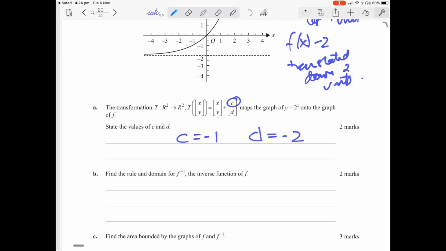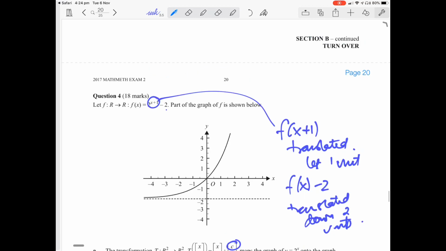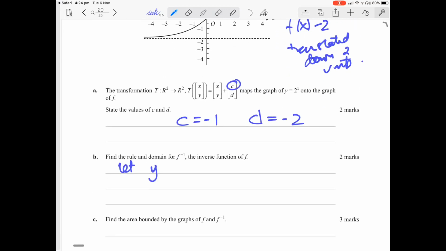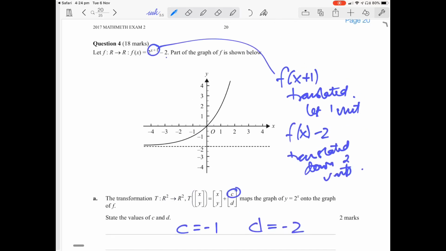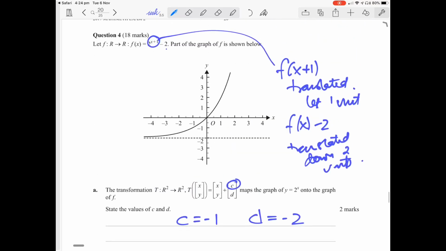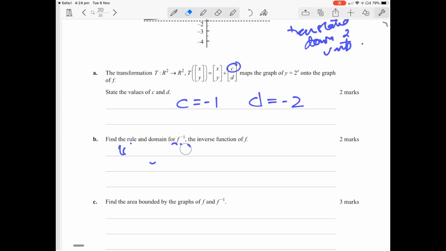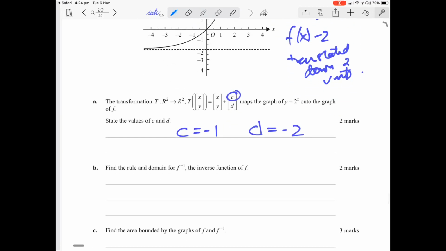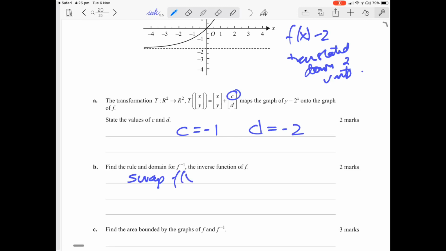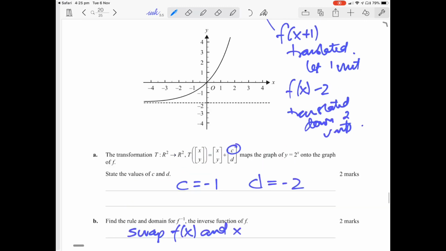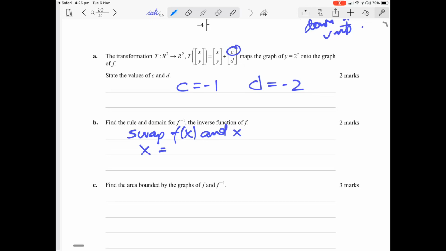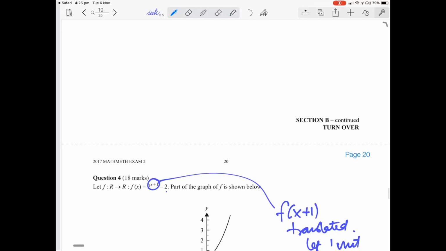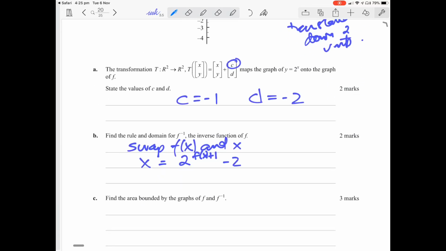Okay, so let y equal f of x. I mean, it's worth 2 marks. I'm assuming it's going to be just the answers, but if I swap x and y, let's say that. Swap f of x and x. So we get x is equal to 2 to the power of y plus 1, minus 2.